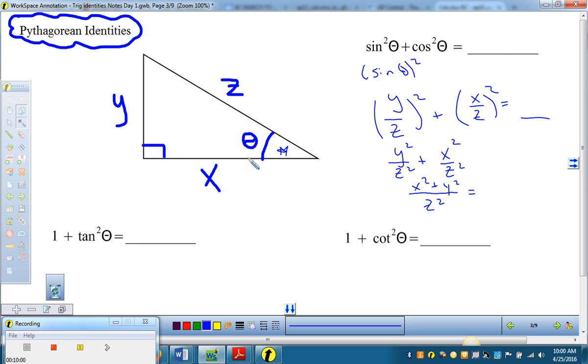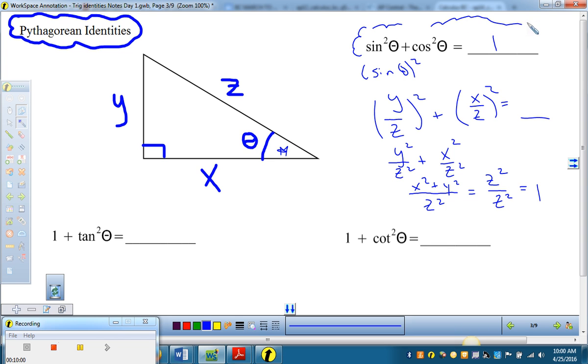With our triangle, what is x squared plus y squared equal to? Z squared. So we have z squared over z squared, which is equal to 1. Very nice. Sine squared plus cosine squared equals 1.